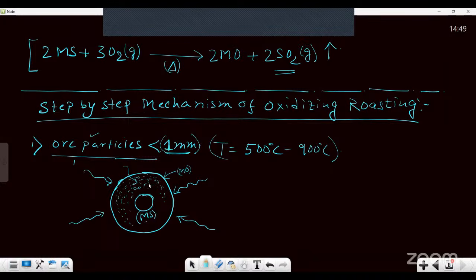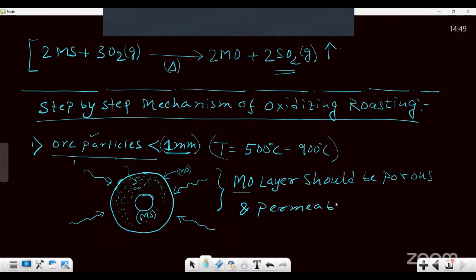If the metal oxide layer is not permeable or porous, the oxygen will not be able to diffuse further and the reaction will stop. So the metal oxide layer should be porous and permeable. So there is the growth of the oxide layer, and let us take an example.